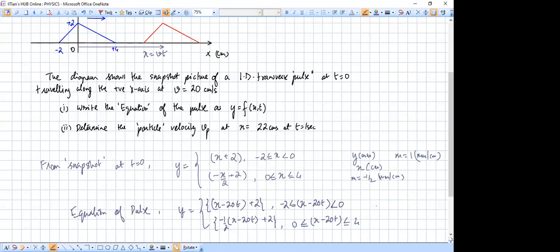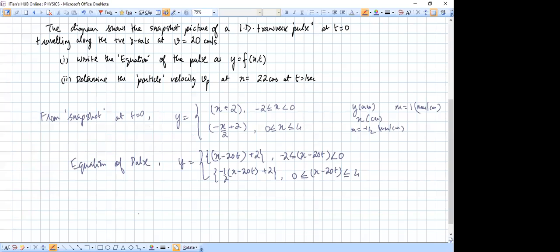So here, looking at the coefficient of x, you can see the equation is of this type: y is equal to kx minus omega t plus 2, and it is minus half of kx minus omega t plus 2.